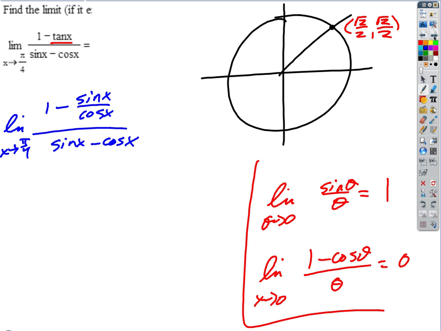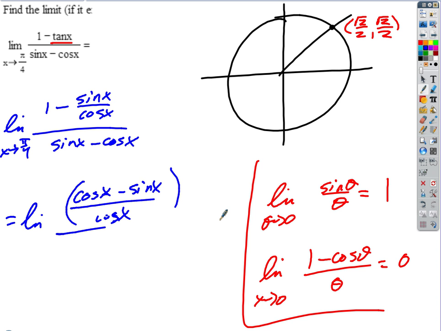So what could we do on top then? What's our common denominator going to be? Cosine, right? So 1 is just going to be cosine over cosine. And so doesn't this whole numerator then just become cosine x minus sine x over the common denominator, cosine x, right?